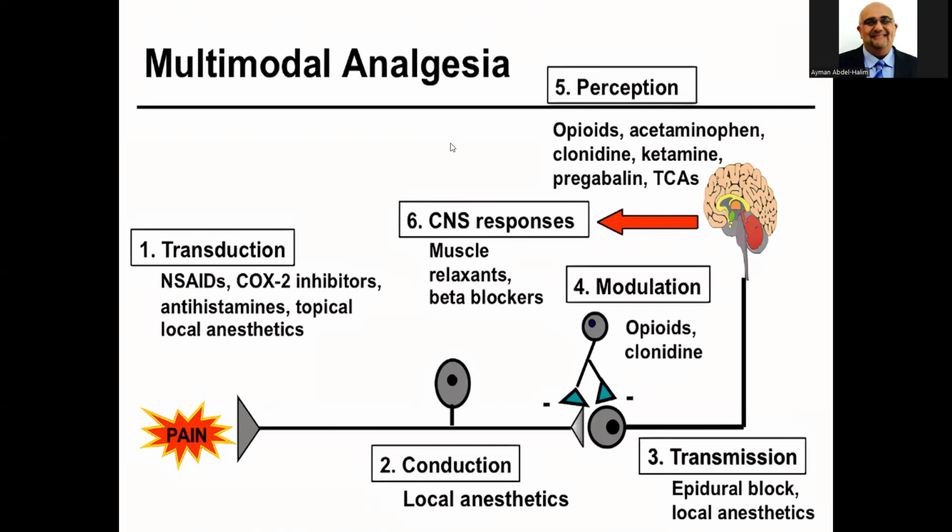You can see here, starting from transduction, topical local anesthetic can play a role. Conduction of the nerve, local anesthetics. Transmission, okay? So you have three levels: transduction, conduction, and transmission.